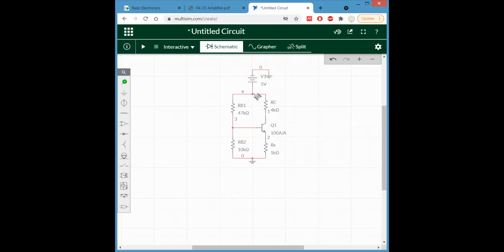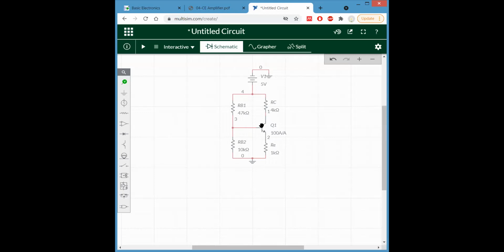Also the positive voltage is connected to the P side, and this N side is connected to ground. So this junction is in forward bias and this junction is in reverse bias. This means base emitter is in forward bias and collector is in reverse bias.